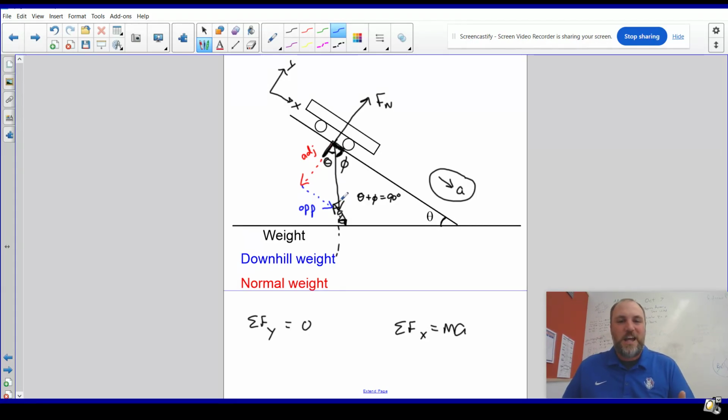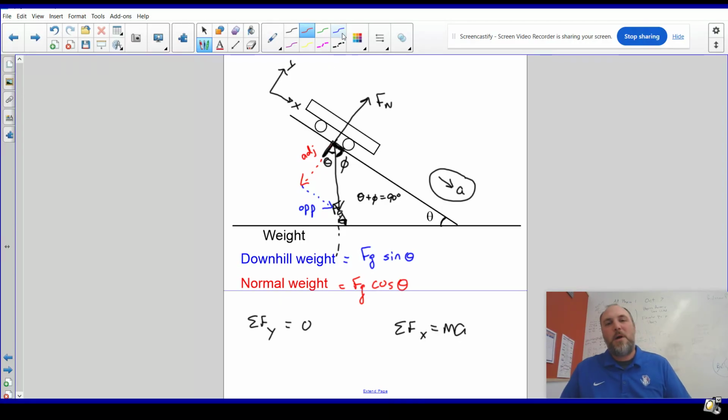The weight is the actual force, the hypotenuse of this right triangle. I'm trying to find the components so that we can sum the forces in the x and the y direction. So my downhill weight, since it is the opposite side, that would be Fg sine of theta, and the perpendicular component, or the normal weight, would be Fg cosine of theta.